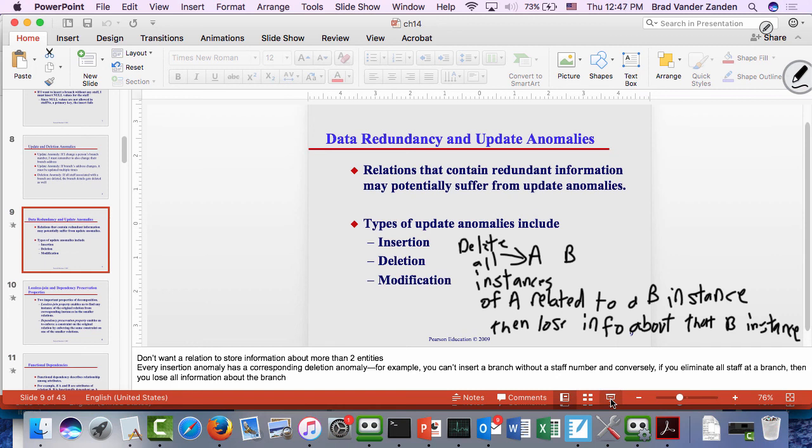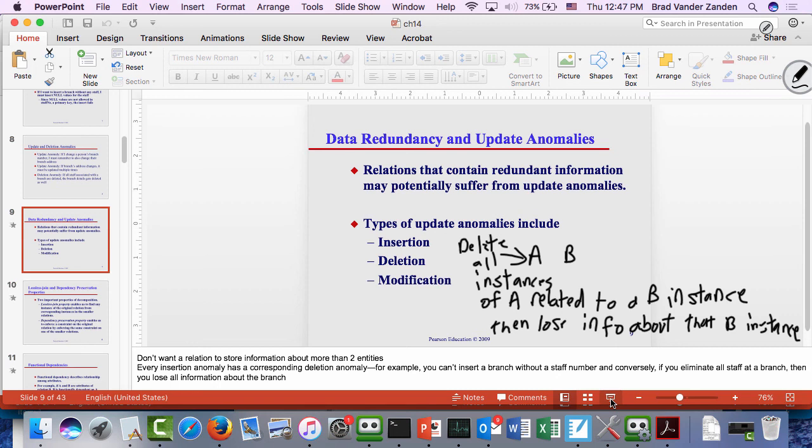And then modification anomalies come about because we have redundant storage of attributes. An attribute's value is stored in more than one place, and if we change it in one place, we have to update it in another place. We don't consider primary keys and foreign keys to be redundant. So they may be repeated.